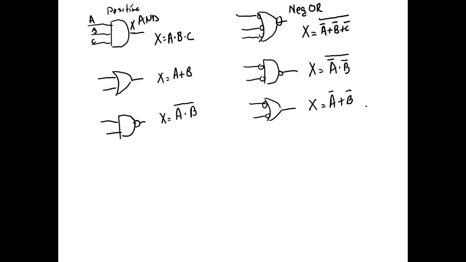Okay, so far? And then we have a NOR. A or B, active low output. That's going to complement to a negative NAND.